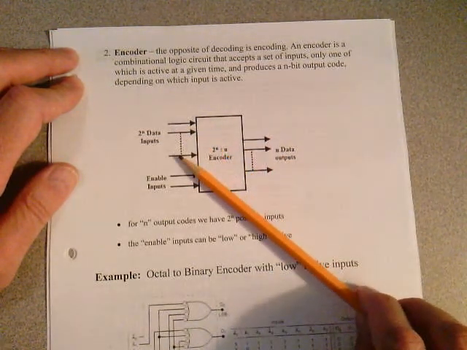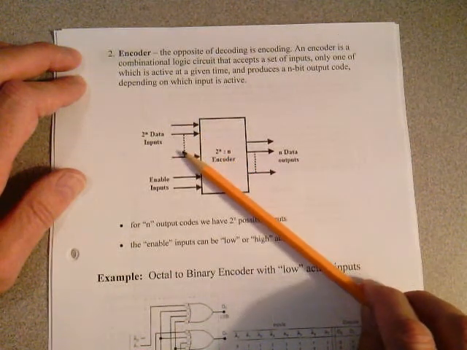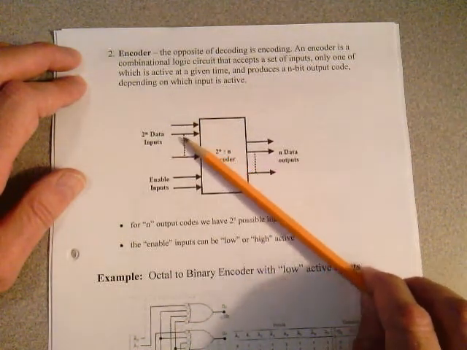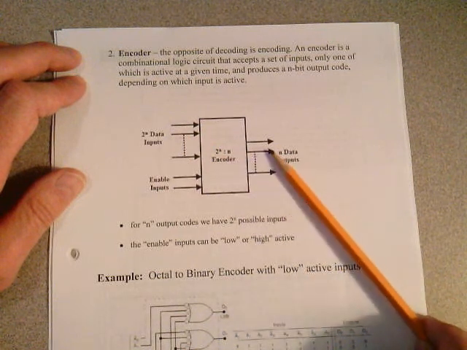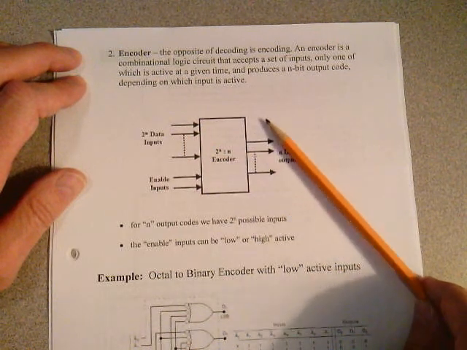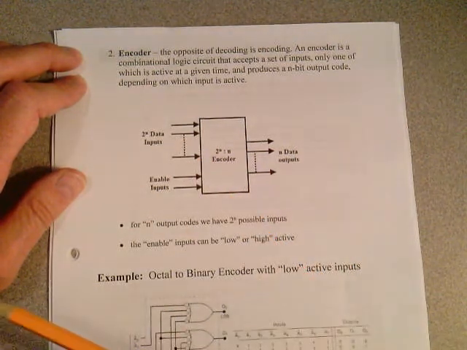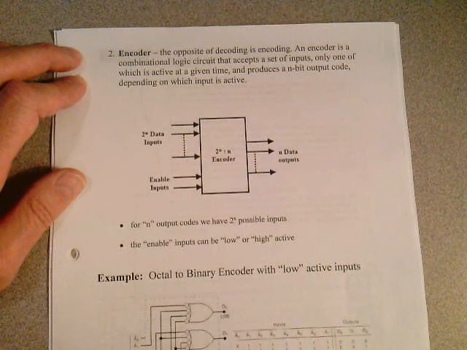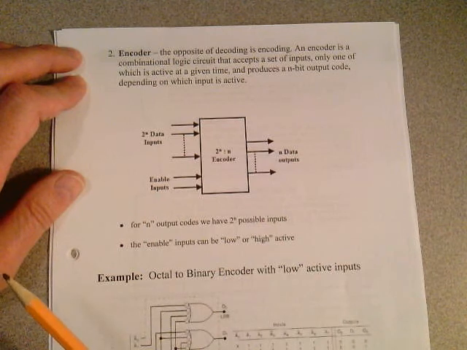On these input lines, only one of these inputs will be active at any given time. And on the output, they'll produce an encoded form of that input data line. It's just the opposite of what decoding was.